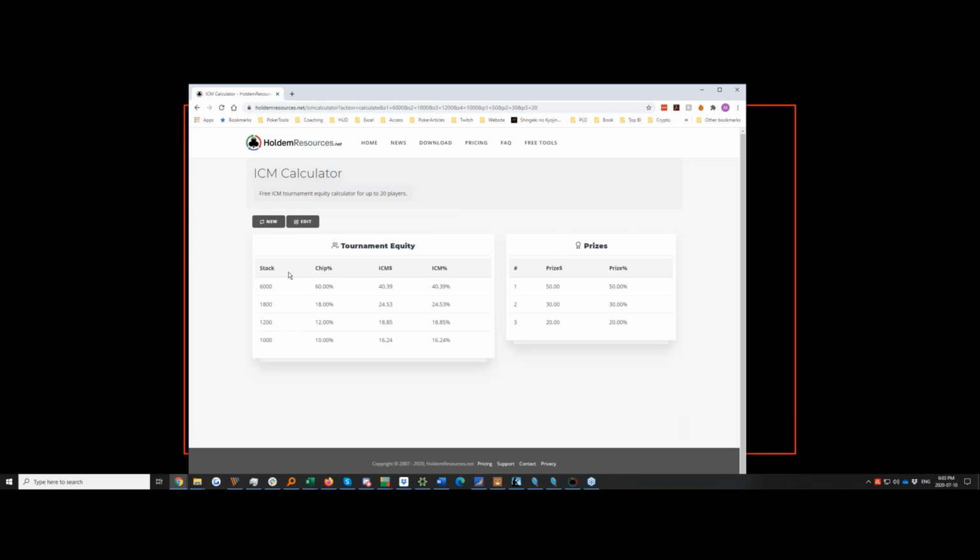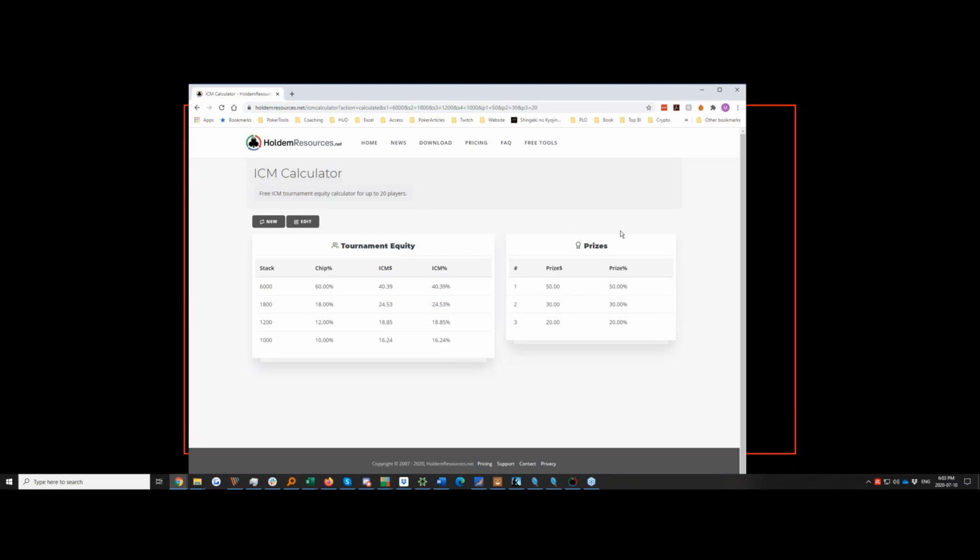So here we can easily see that the chip leader has 60% of the chips in play, but the dollar amount of his stack is only $40. So his stack can never be worth more than first place, right? Because the tournament will not end here. If this was a cash game, he could just walk away from the table and cash his chips for 60% of the money, which would be $60, right?